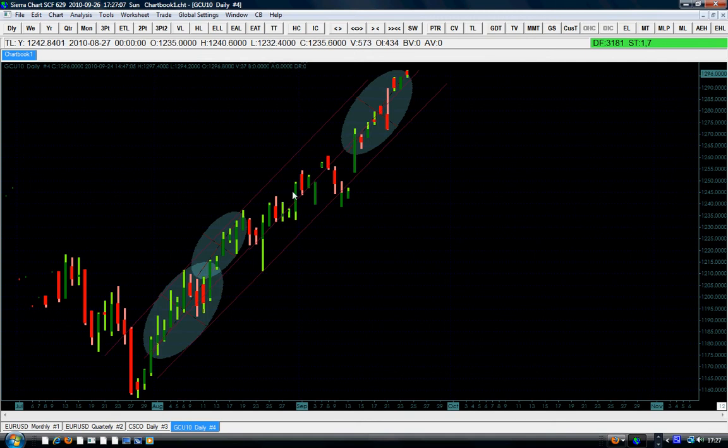If it's on the upper part of the channel, but we do not have a strong bullish candle, that's not very bullish. And the same thing if the price is on the lower part of the channel and it's not very bearish, it's not showing us a bearish tendency. So we must consider all those things in order to have a clear-cut observation and know exactly what is going on with this gold metal.